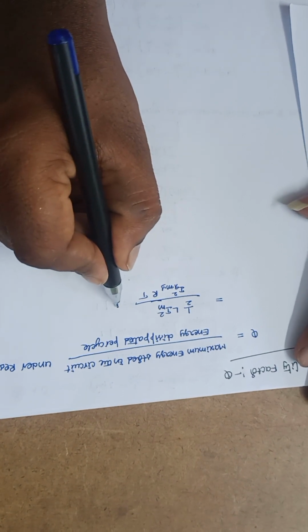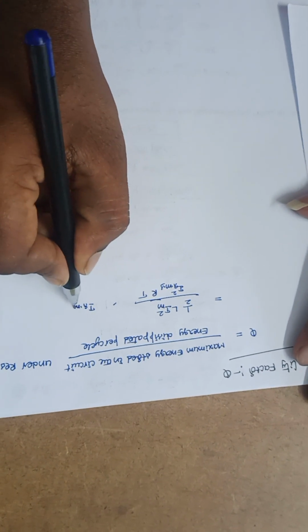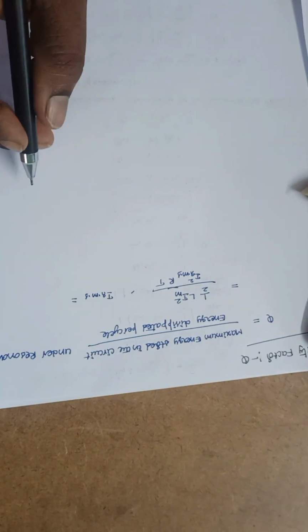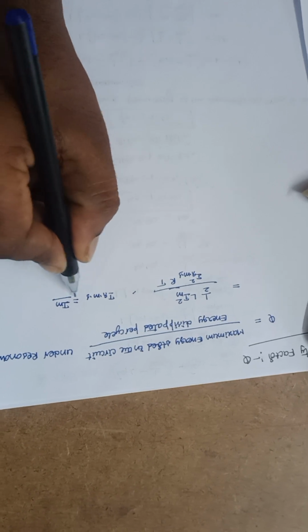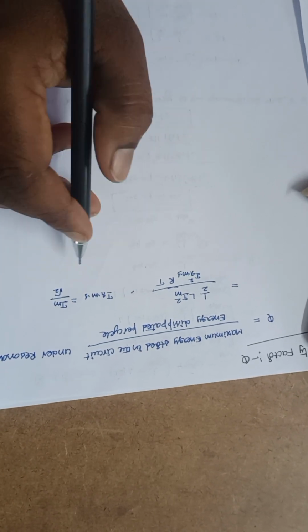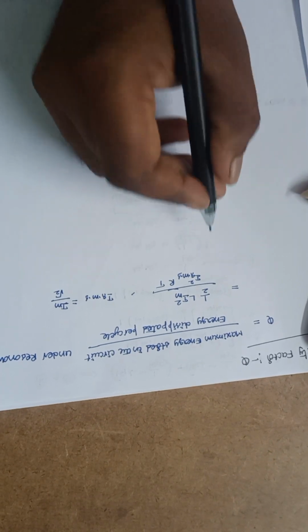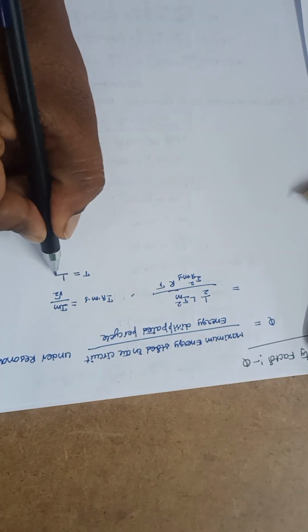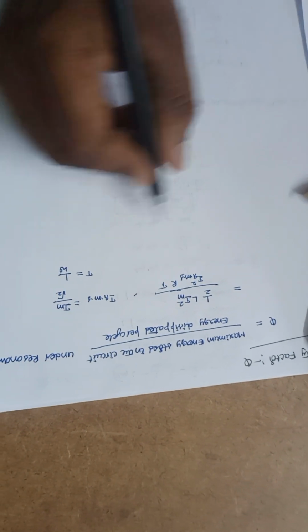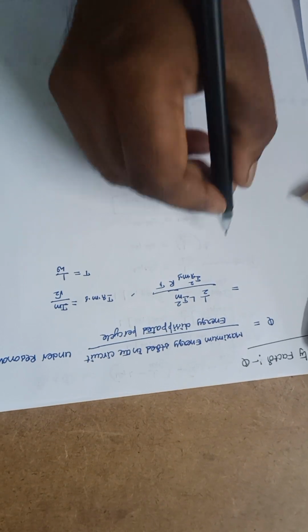And we know that the relation between the RMS value and the maximum value in a sinusoidal circuit is Im by root 2. For a sinusoidal waveform, the RMS value is Im by root 2. Also, this time is the inverse of the frequency, where omega is the frequency in radians per second.